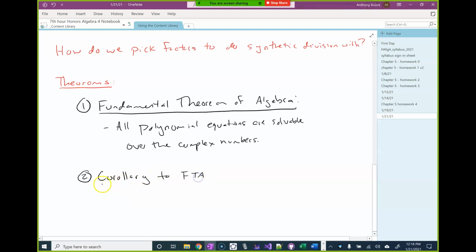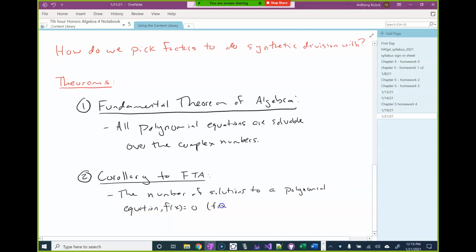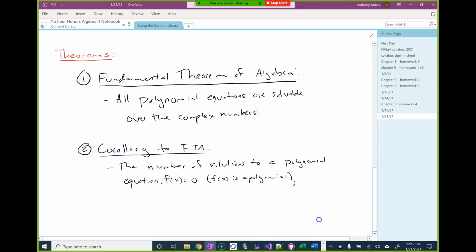Useful to us is the corollary to that fundamental theorem of algebra. It states the number of solutions to a polynomial equation of the form f of x is equal to 0, where f of x is just a polynomial.